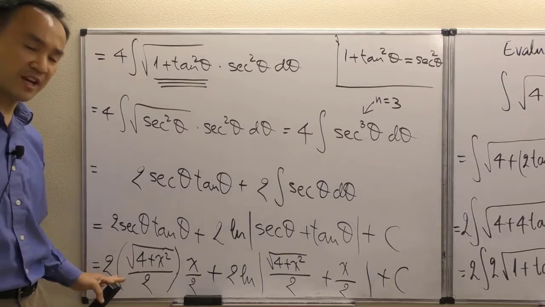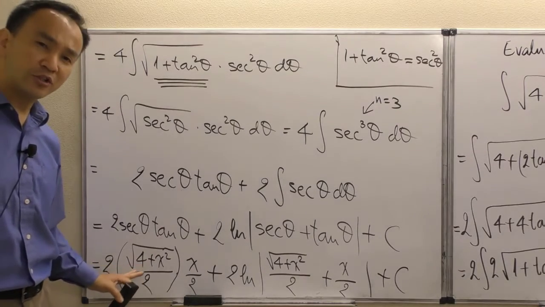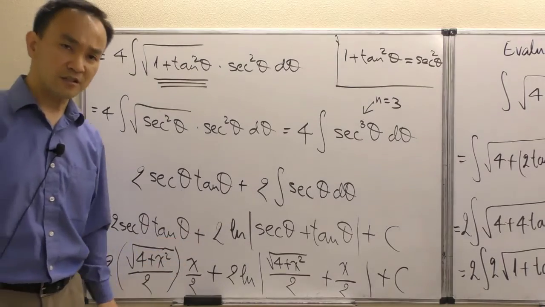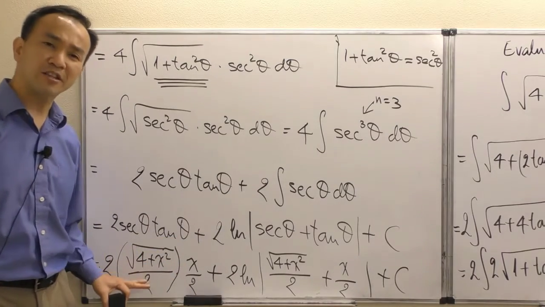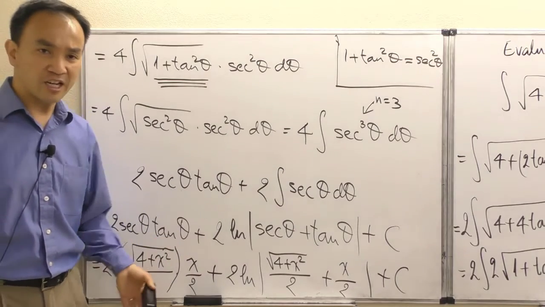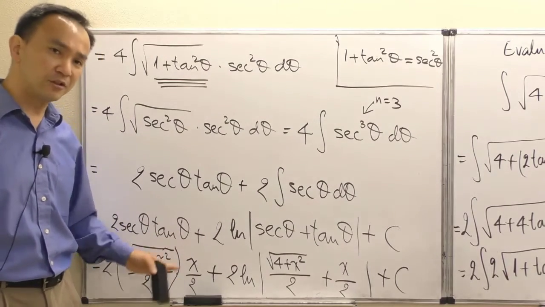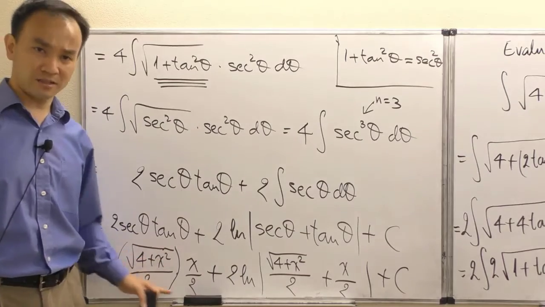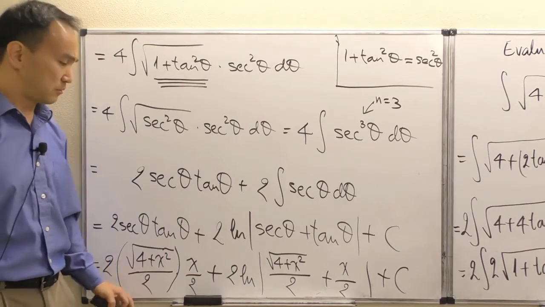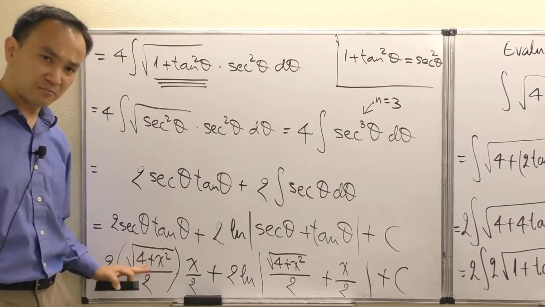I say almost because I want to show students how to simplify this a little further, since about 30% of instructors do not allow students to leave the answer without simplifying. So let's spend some time simplifying this.